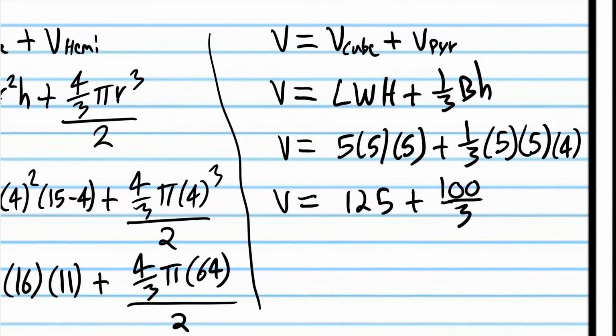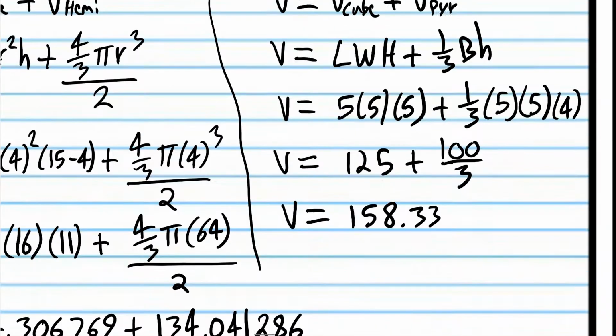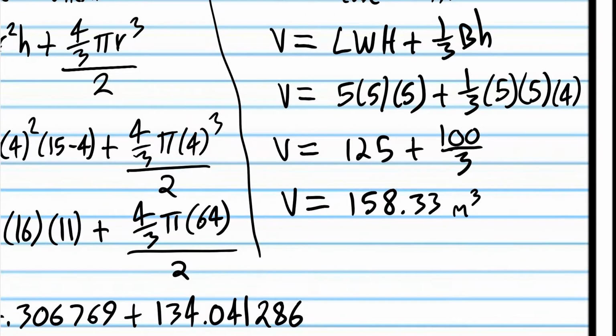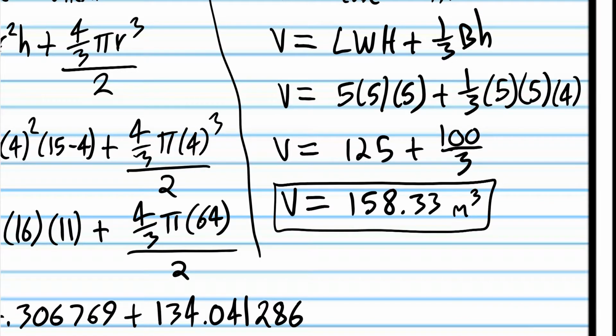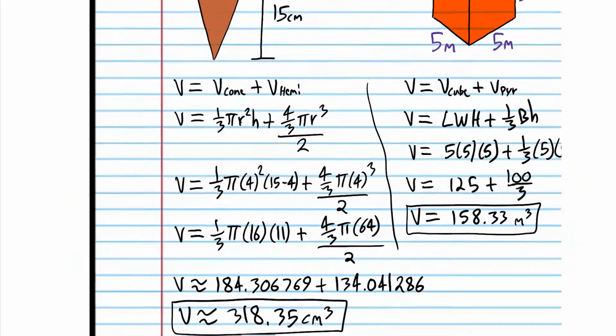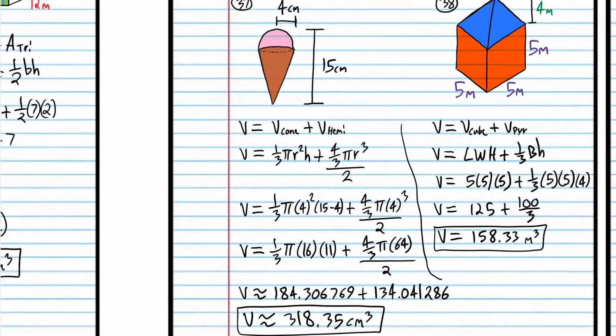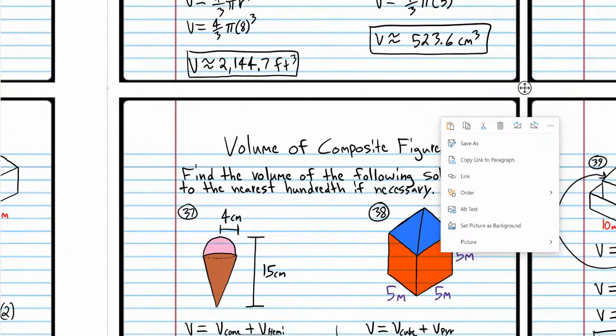So volume is approximately equal to 158.33. And what are the units? They are meters, so we have cubic meters. So if you got that answer, good job. If you didn't get that answer, that's okay. Just go back and figure out what you did wrong. Okay, on to the next problem.